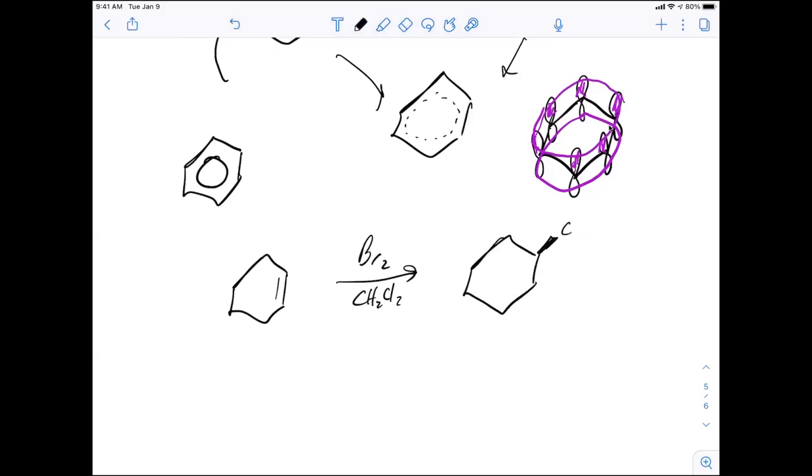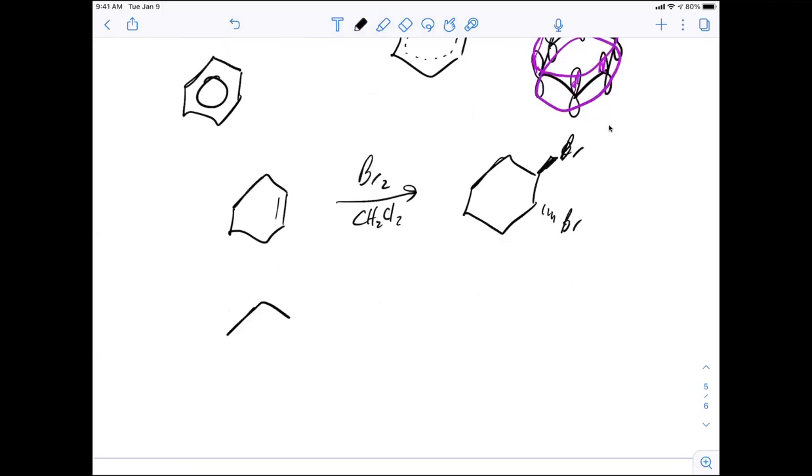So if we had an alkene and we reacted it with Br2, we would get the dibromide and an anti-addition. But if we take the aromatic and react it with bromine without any other catalyst, just in the solvent, we see no reaction.